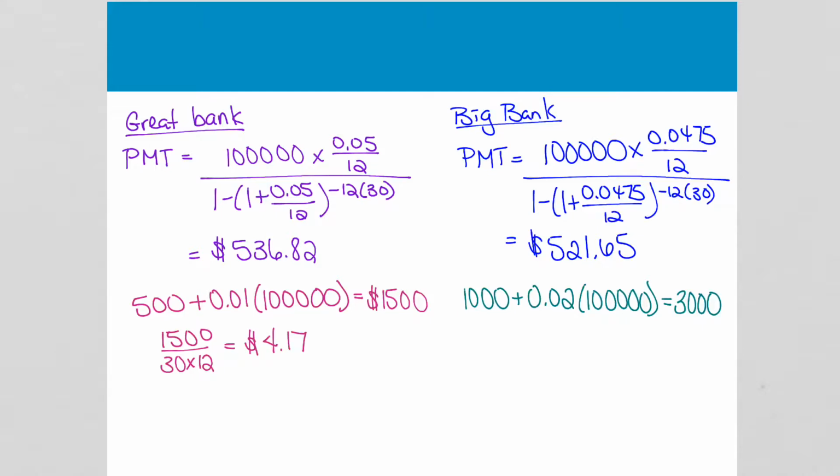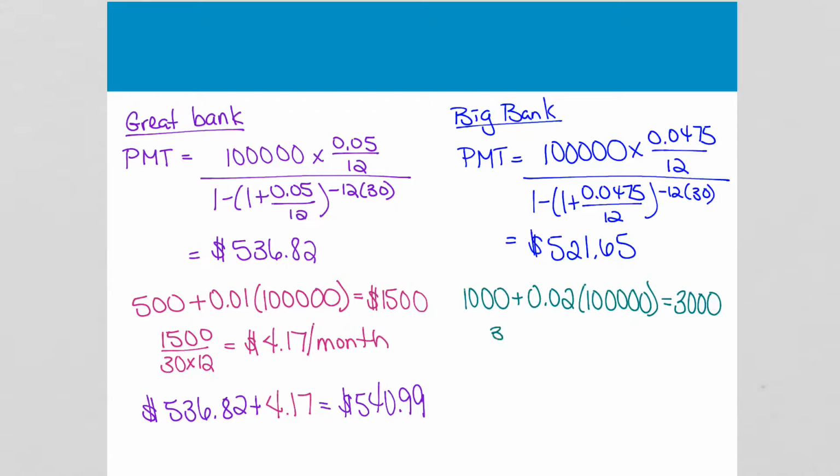So $417 is what you would pay per month if you were paying the closing costs over time. Add that to your monthly payment, and you get $540.99 is what you'd pay per month.